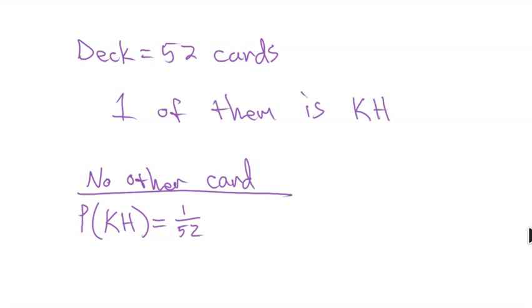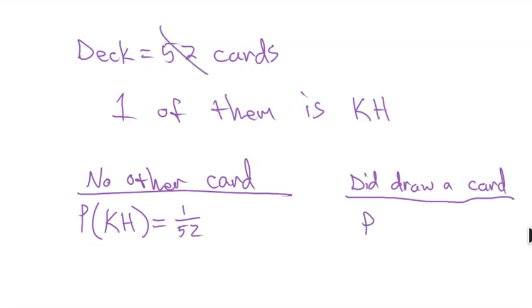But what if I've already drawn a card? Let's say I drew a card out of the deck and set it aside. Now there are only 51 cards left in the deck, so the probability of drawing the king of hearts is 1 out of 51.